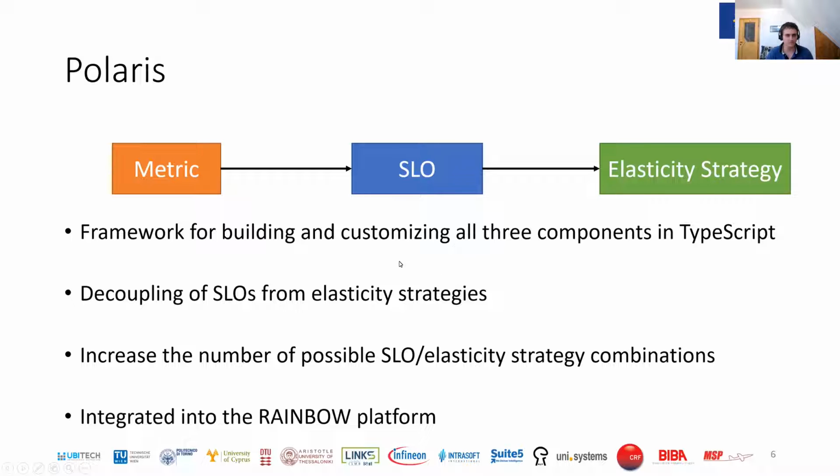One of the central goals is to decouple SLOs from elasticity strategies so as to increase the number of possible SLO and elasticity strategy combinations. And as I mentioned, it's tightly integrated into the Rainbow platform. So over the next few slides, we're going to take a brief look at each of these components up here.